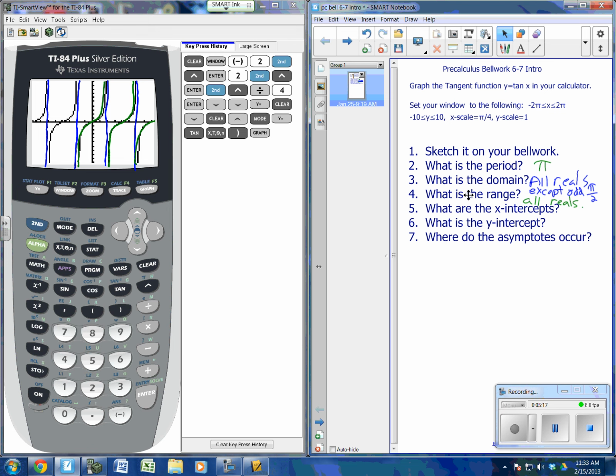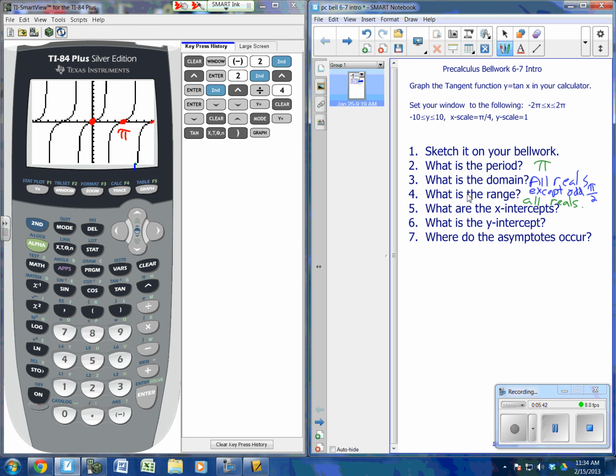Okay, what are the x-intercepts? Well, let's look over here. Where's the first place it crosses the x-axis? If we marked it on here, I'm going to erase these again. Doesn't it cross right there? At 0. It crosses right here. Where's that?